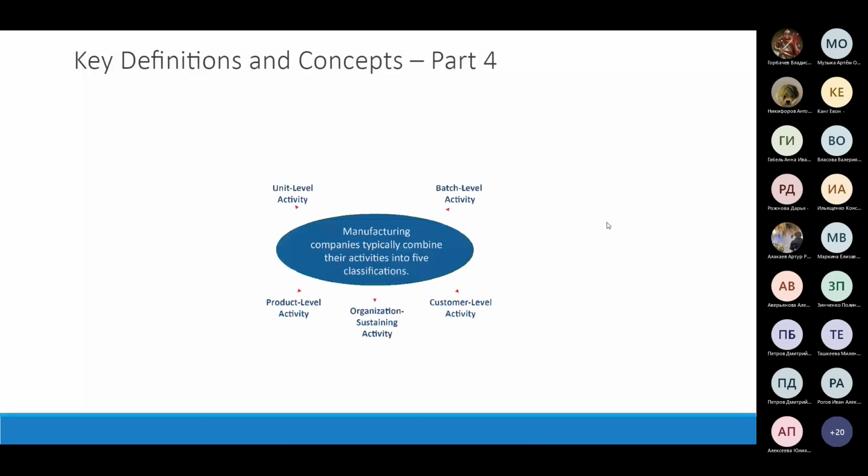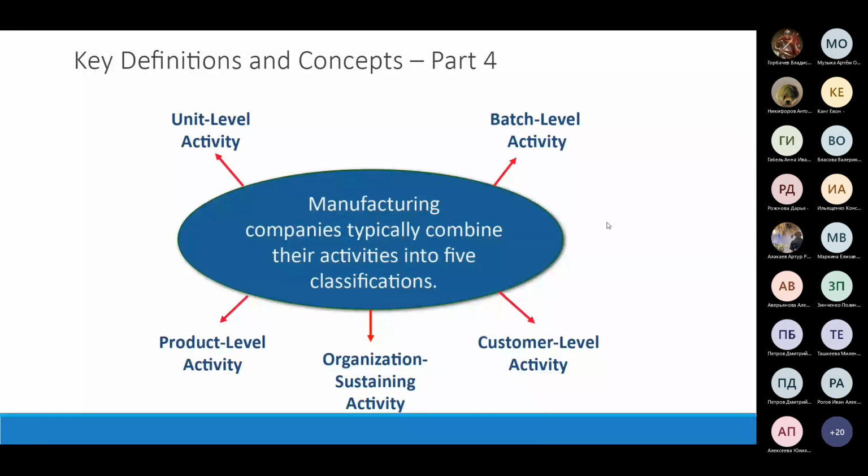Manufacturing companies typically combine their activities into 5 basic classifications. First of all, the unit level activities, then batch level activities. For example, if we produced our units, we have to pack them together to sell. For example, Pepsi Cola is packing not individual bottles, but cases, and a case consists of 12 equal bottles.